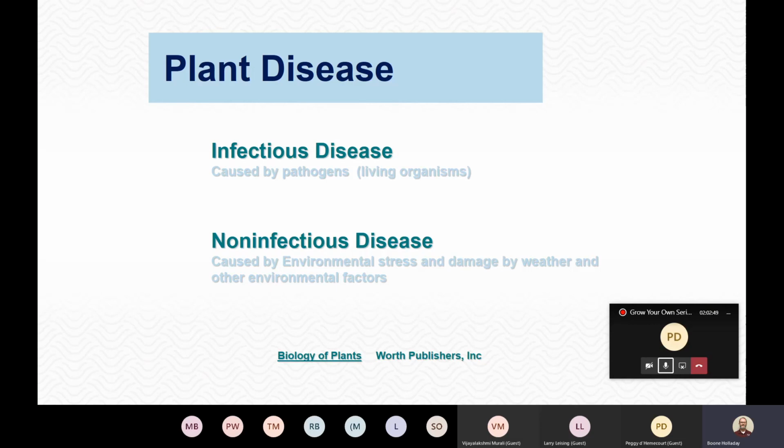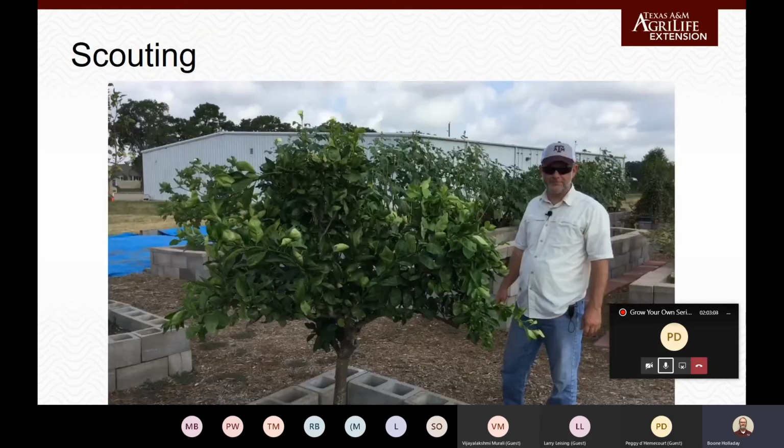And these will migrate in the garden, so we have to be careful with those. But the non-infectious disease problems tend to be isolated and easy for us to address. And we'll talk about that right here.